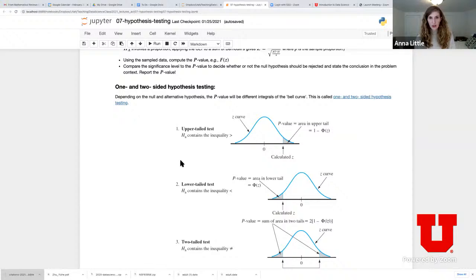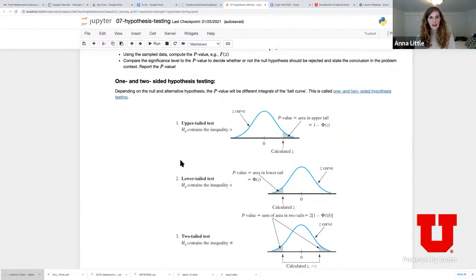Okay, and here's your little cheat sheet for 1- and 2-sided hypothesis testing. Like we sort of saw in some of our examples, depending on the alternate hypothesis, you might be calculating the area in just one tail, or you might be calculating the area in both tails. So if your alternate hypothesis contains a greater than inequality, your test statistic is usually here on the right side, and your p-value is this area in the upper tail.